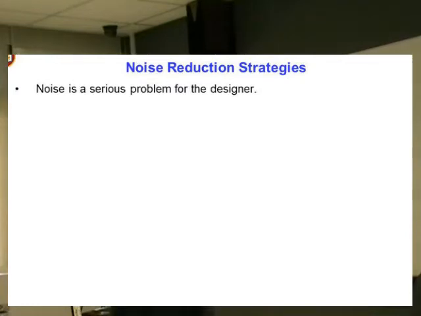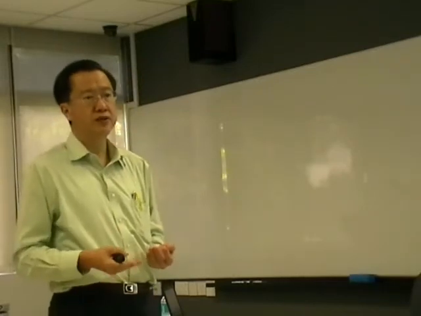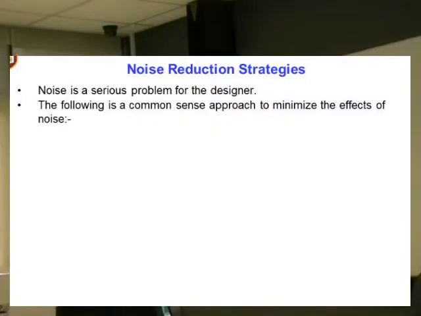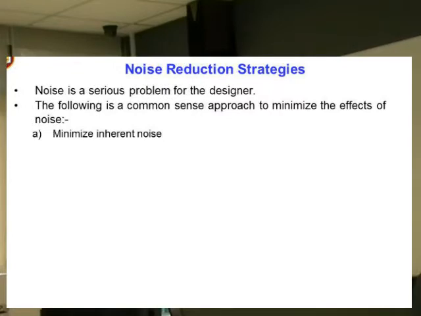So noise reduction strategies. Noise is a serious problem for the designer because noise interferes with the accuracy of your measurement. The following is a common sense approach to minimize the effects of noise. Number one, you minimize inherent noise.